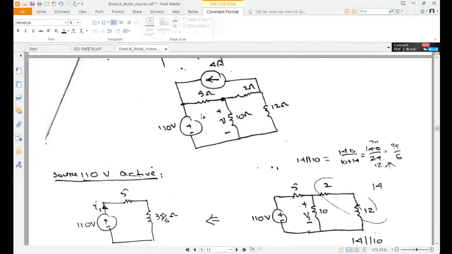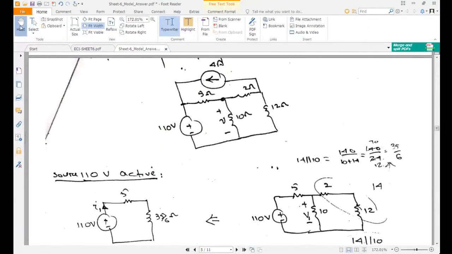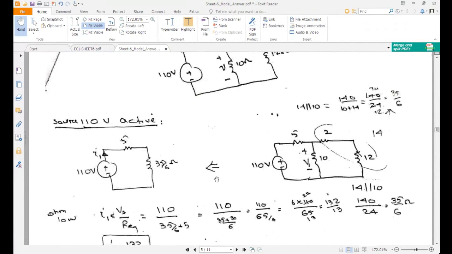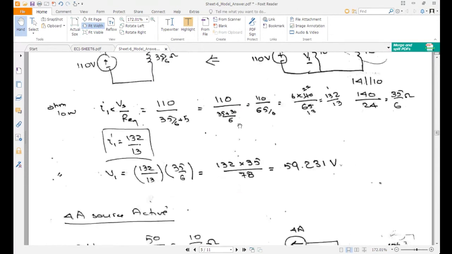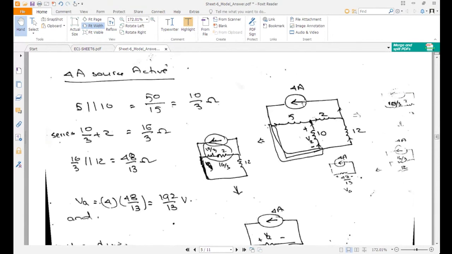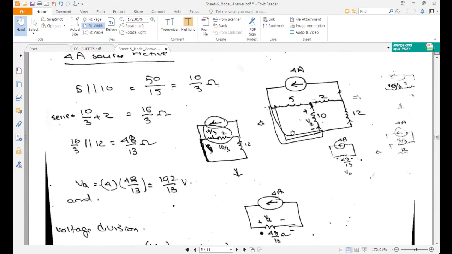When the 4 ampere source alone is active, the voltage source is inactive, so it is a short circuit. So you will get a circuit like this. You should be very careful here. You need only this voltage.